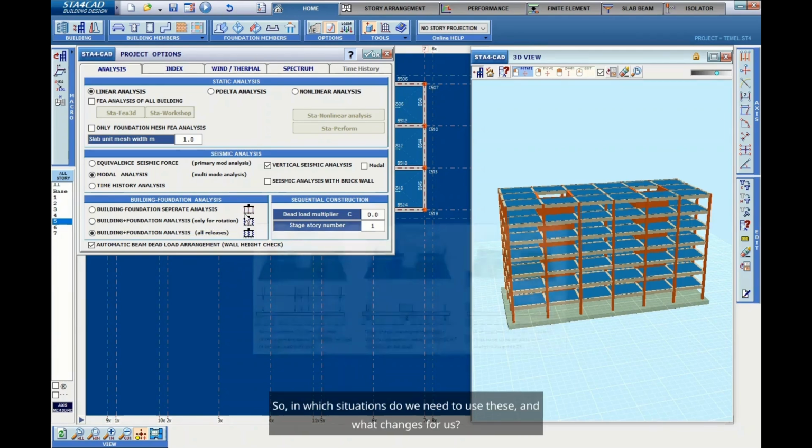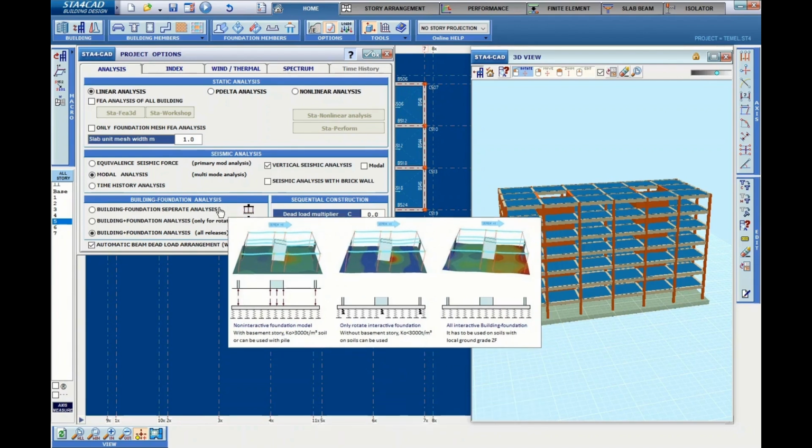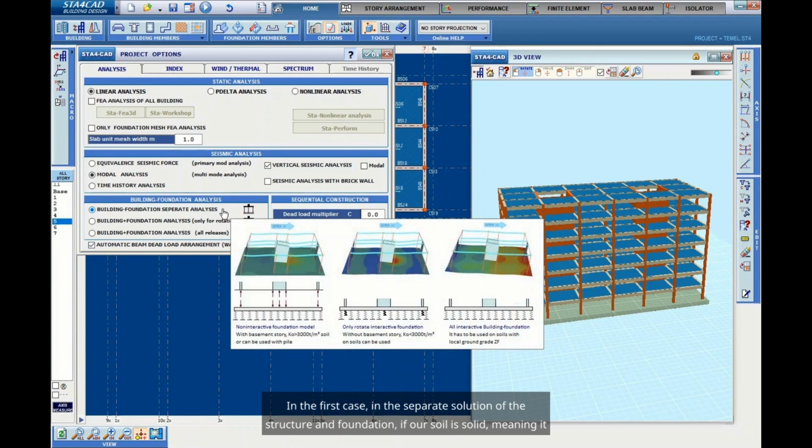So, in which situations do we need to use these, and what changes for us? In the first case, in the separate solution of the structure and foundation, if our soil is solid, meaning it is rocky, or if we have a basement, we can use the first option.